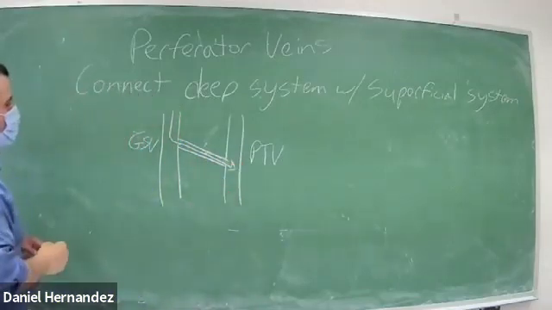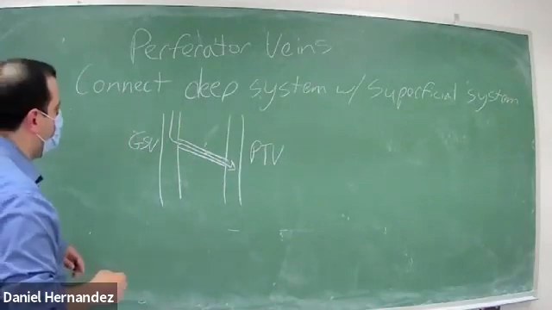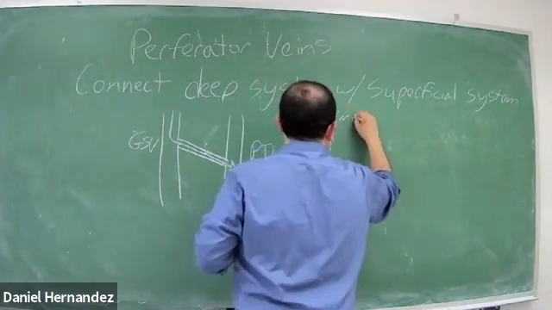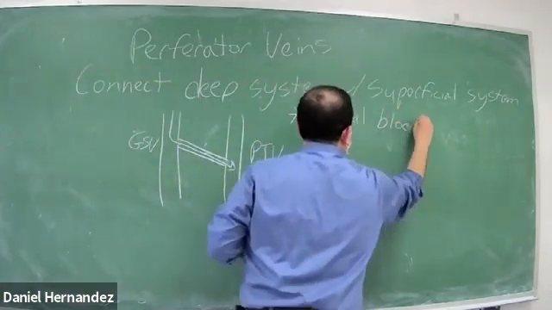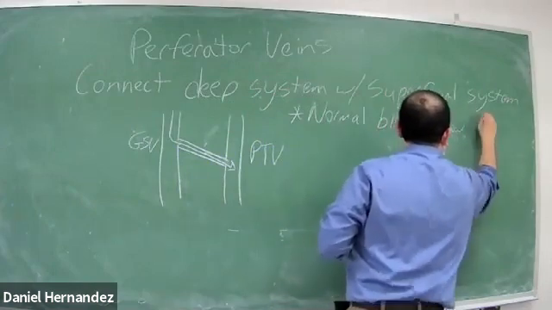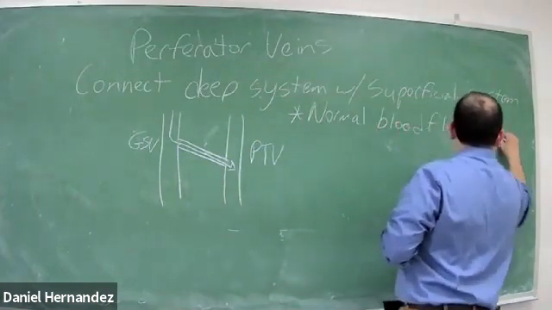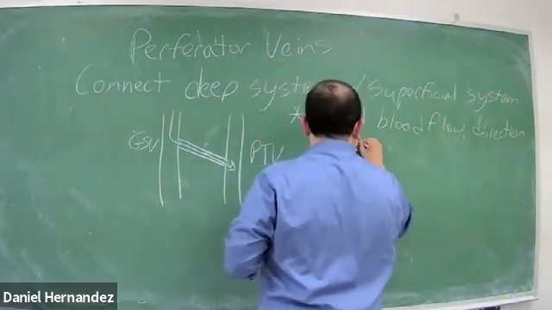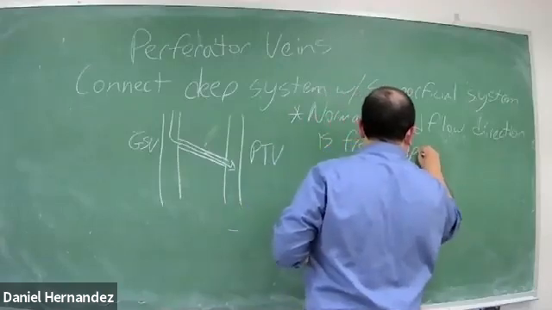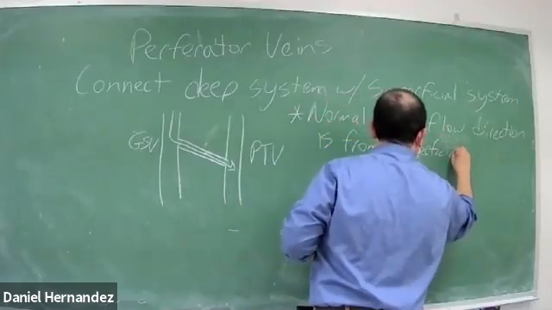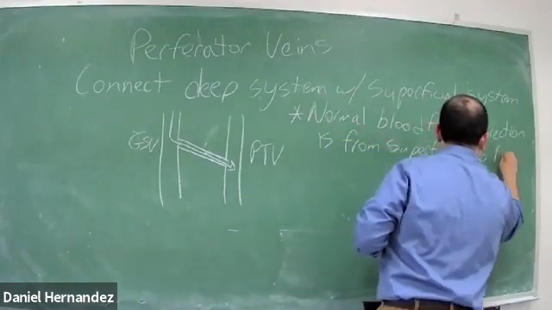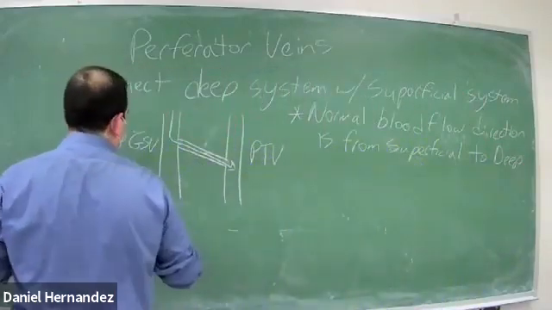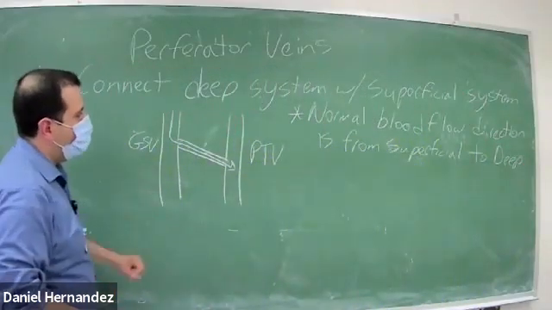So normal blood flow through the perforators is from superficial to deep. That's normal.